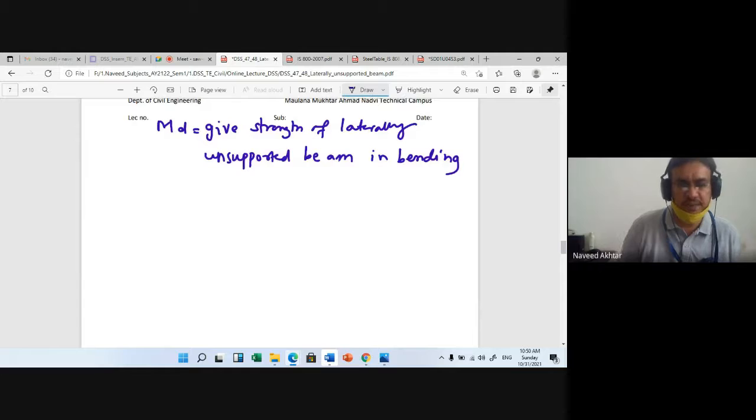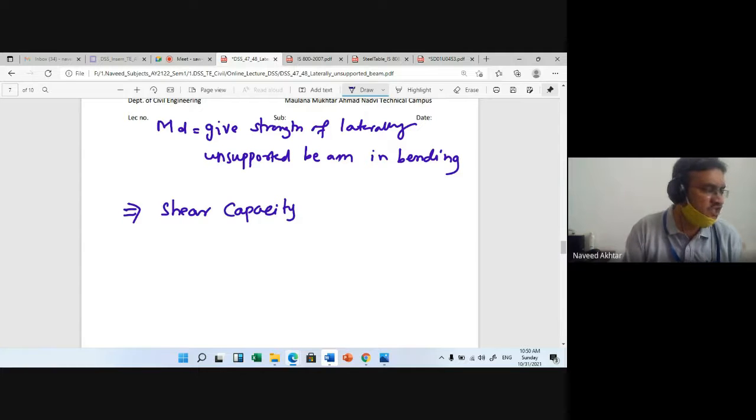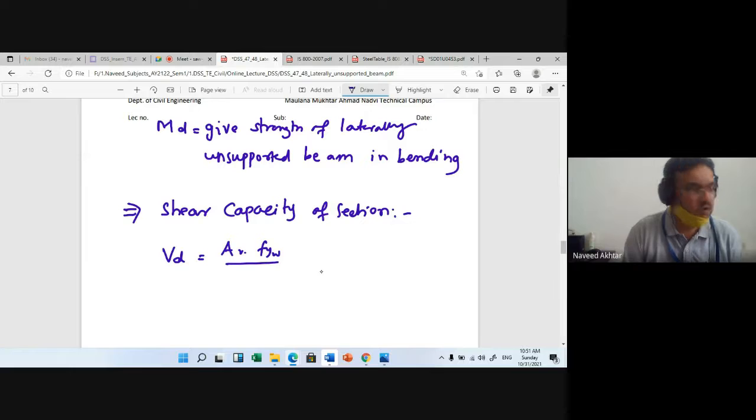Now check for shear capacity. How will we check the shear capacity of the section? We know that VD is equal to AV into FYW upon root 3 into gamma MO.